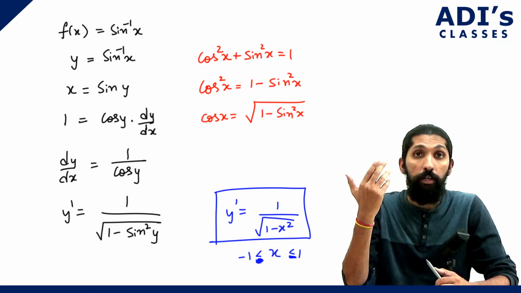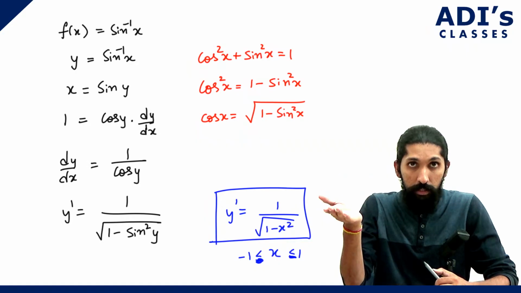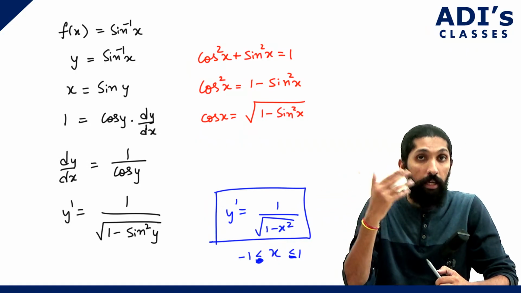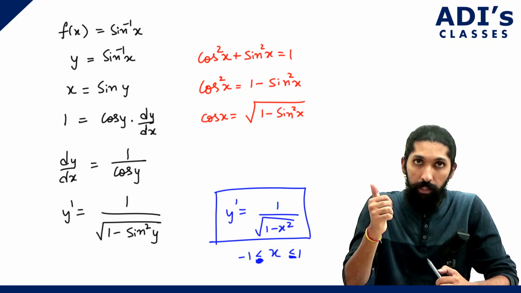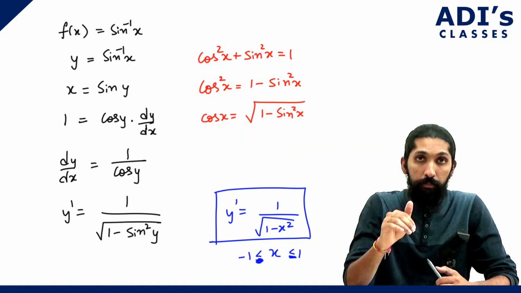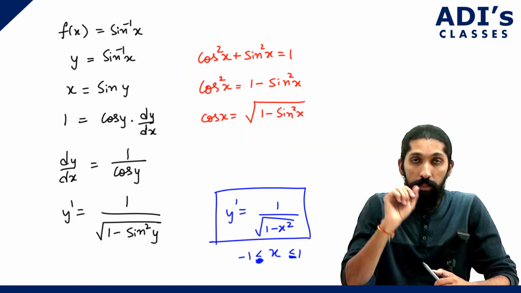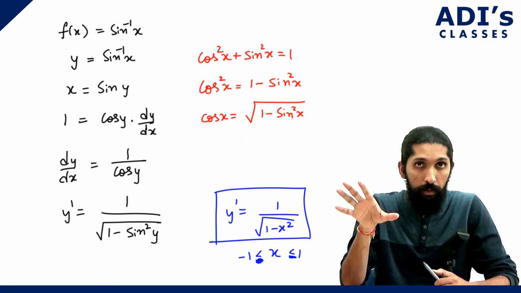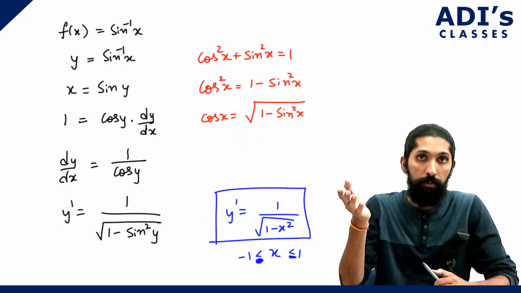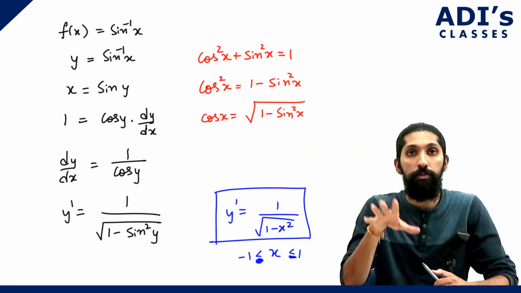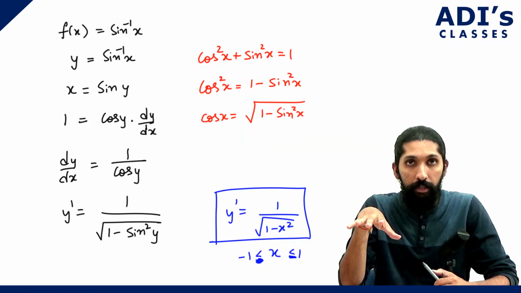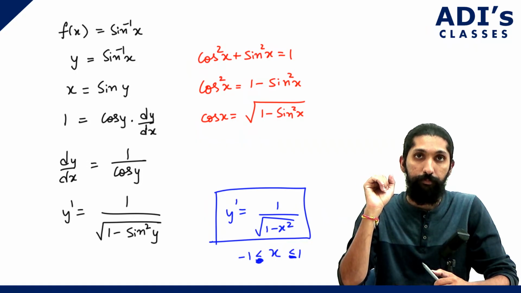Like how you took f of x as sine inverse x, so y is equal to sine inverse x. That's how you did, correct? You can do the same thing for every inverse trigonometric function in the table. All of them undergo the same principle, and everywhere we use the trigonometric identity to get the formula.